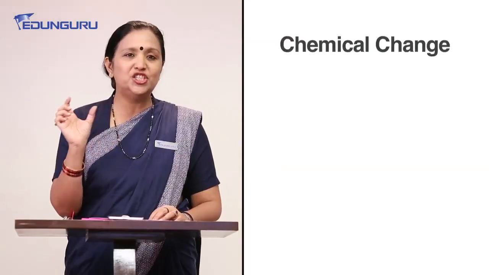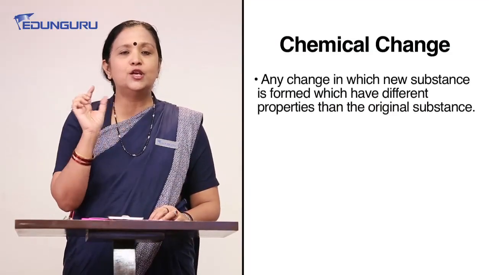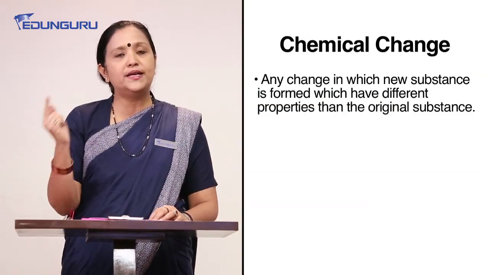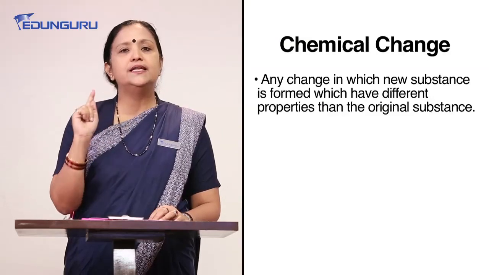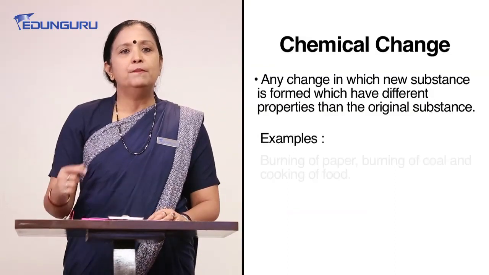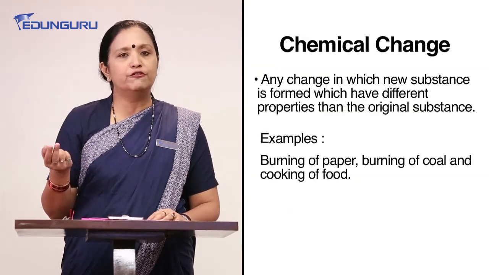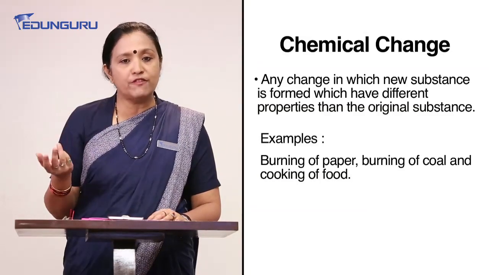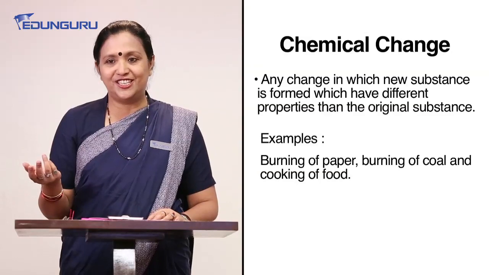So here we are understanding a new term, chemical change. Any change in which a new chemical substance is formed which has different properties than the original substance is known as a chemical change. So the examples of chemical changes can be burning of paper, burning of coal, cooking of food. So I hope you have understood what a chemical change is.